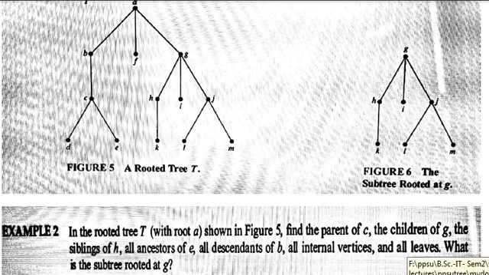The next question is, what is the subtree rooted at G? You take this full subgraph with all the descendants and G as the root. I can draw a subtree with root C also. This is the subtree with root C and so on.